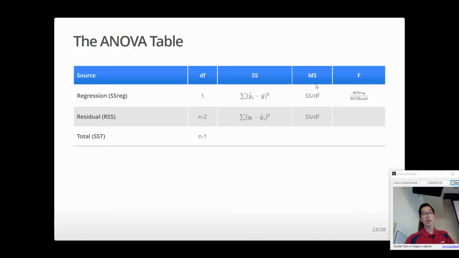Okay, and then this MS is known as mean squares, and that's just basically sum of squares divided by degrees of freedom. So in this case, mean squares is equal to this because dividing by the degrees of freedom is dividing by 1. And then the mean squares over here is you take this and you divide by n-2. But the mean squares, whatever it is, is always sum of squares over degrees of freedom.